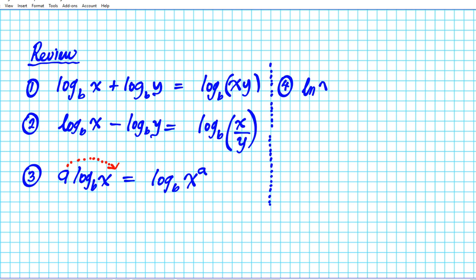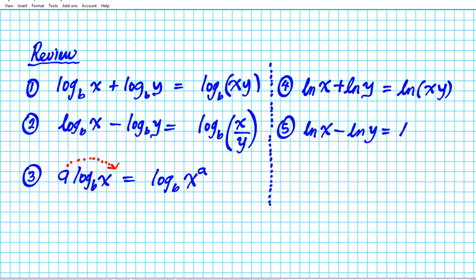So if you have the natural logarithm of x plus the natural logarithm of y, the same formula applies. It's simply the natural logarithm of x times y. And then if you have the natural logarithm of x minus the natural logarithm of y, it's just log base e. The same principle applies, the natural logarithm of x over y.